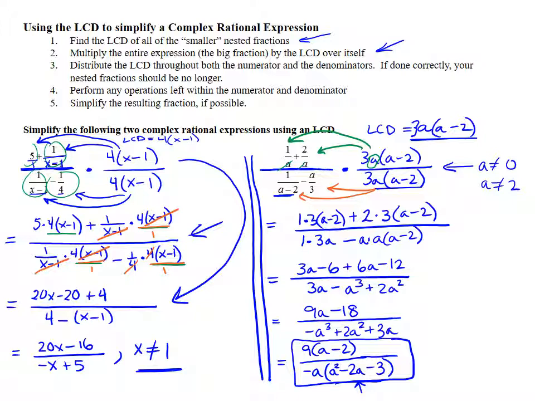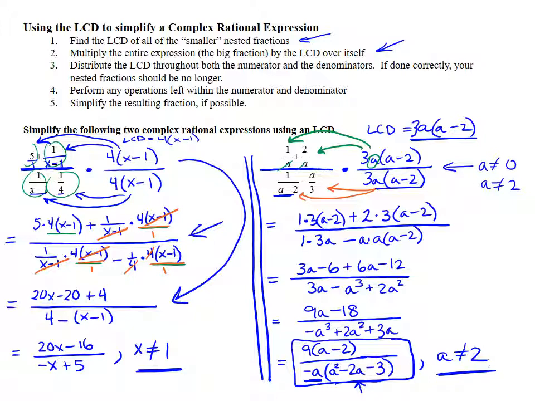I need to show that in my final statement: a cannot be 0 and a cannot be 2, because I did do the cancellations up here. Although right here I have an a in the denominator, so technically I don't need the 0. I just need to show that a is not equal to 2. I already know that a cannot be 0, because the a is in the denominator.